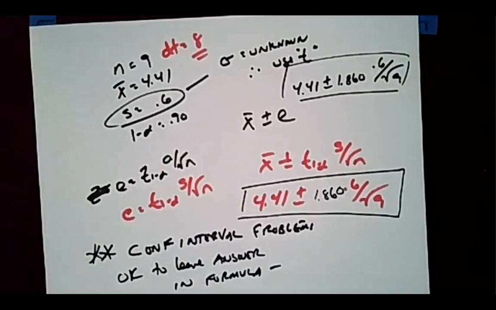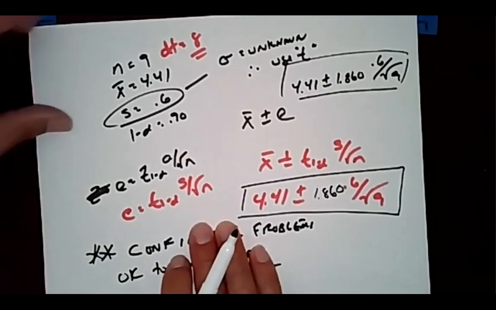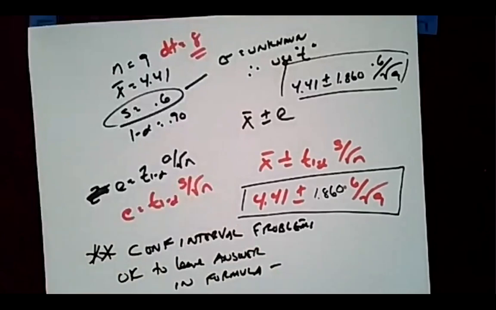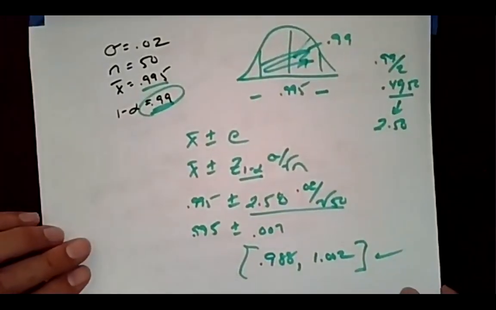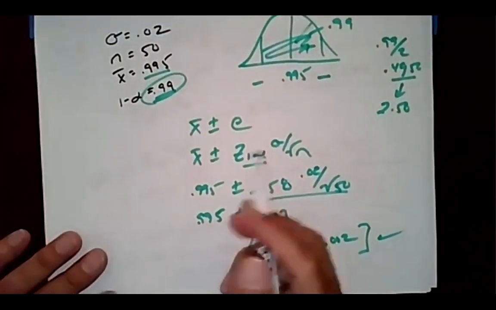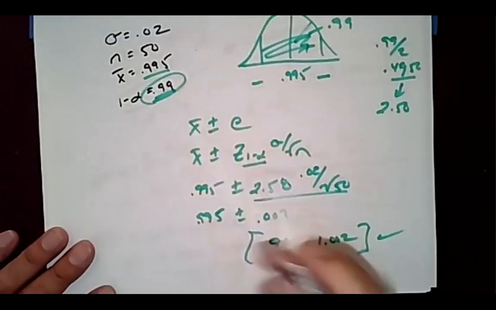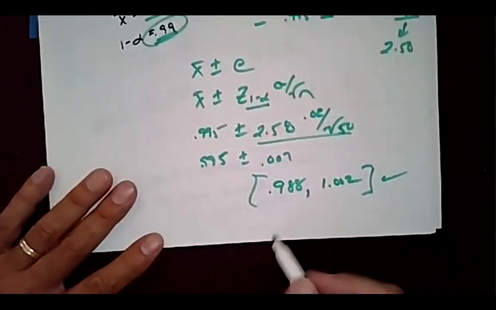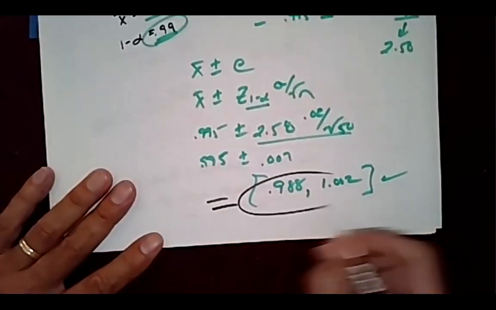One second, I'm looking for my other document here. Here we are. Okay. So going back to this problem. This is the problem we just did a few minutes ago about the paint cans. On an exam, yes, this is the correct answer, but it's okay to leave this as your answer.